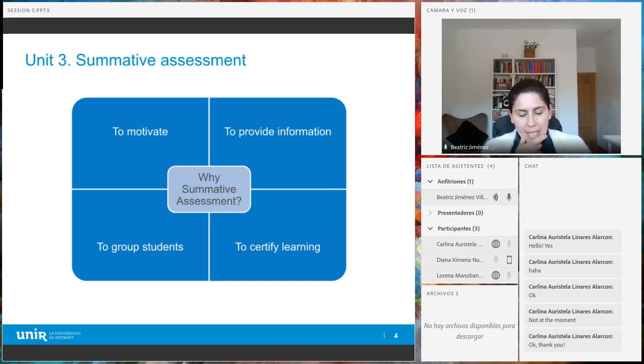Okay, so when we think about the intentions of using summative assessment, why do we use it? As we mentioned, we can think about motivating the students. It can motivate them to do better in their assignments, to do better in their class, to study more.